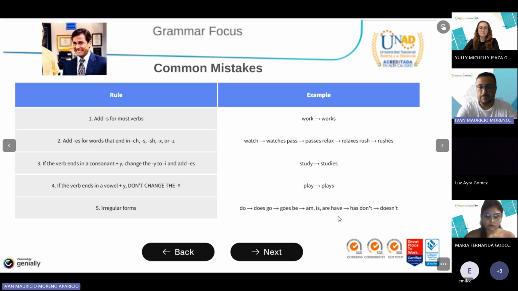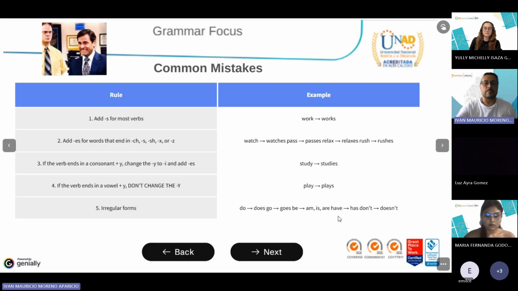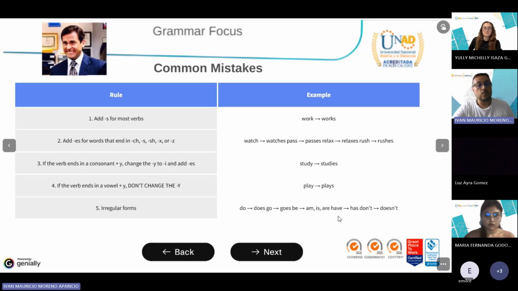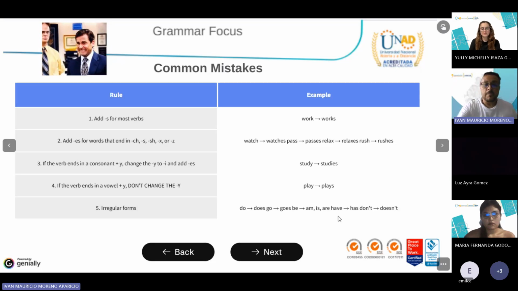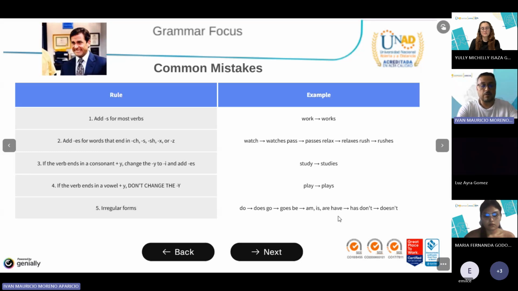For example, study, we change Y and we say studies. If the verb ends in a vowel plus Y, we don't change the Y. We keep the Y and we just add the S. Play, plays. And then we have some other verbs with an irregular form.